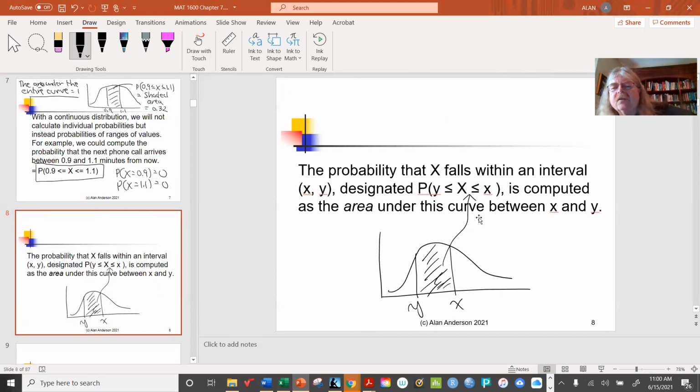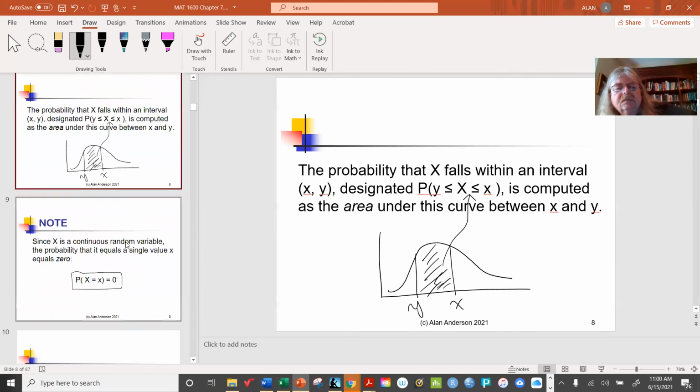All right, so just in general, the probability that x is between any two constants is the area under that curve. But the probability of each individual point is just 0.